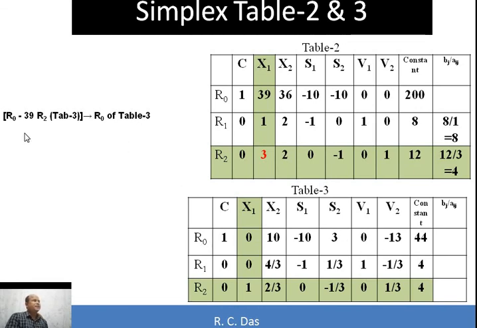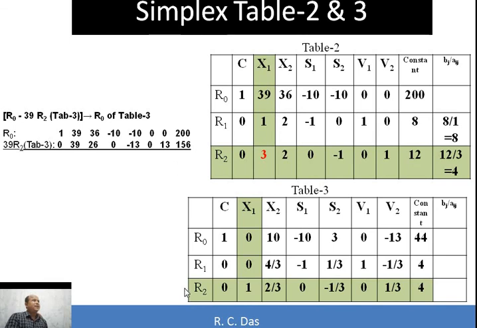So first let us write R0 of table number 2, that is 1, 39, 36, minus 10, minus 10, 0, 0, 200. Next, 39 times R2 of table number 3: we have to multiply this row by 39. By multiplying this row by 39, we will get 0, 39.